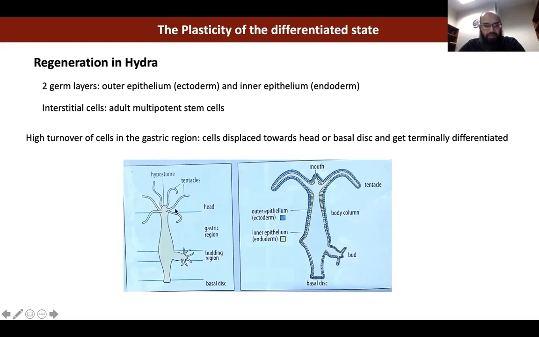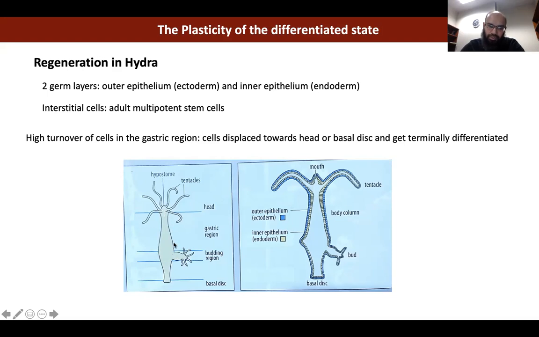So what happens when you take out tissue from here and then put it somewhere towards the basal disc? The inhibition for head is reduced, because you are bringing in tissue from a region where the inhibition is very low and putting it in a region where the inhibition is usually high.